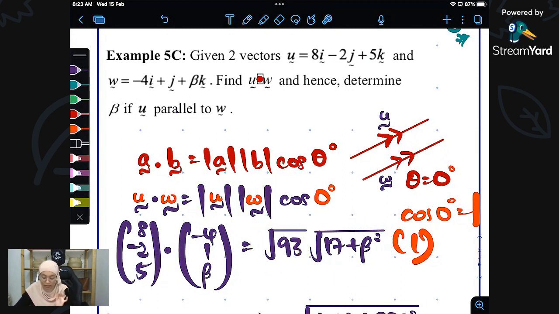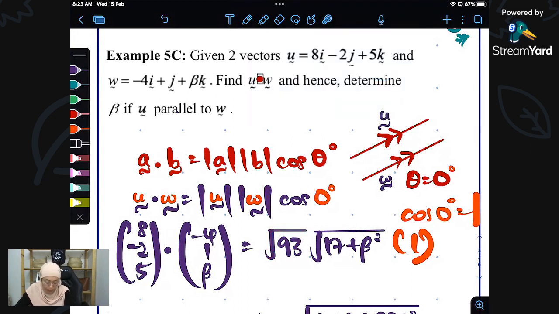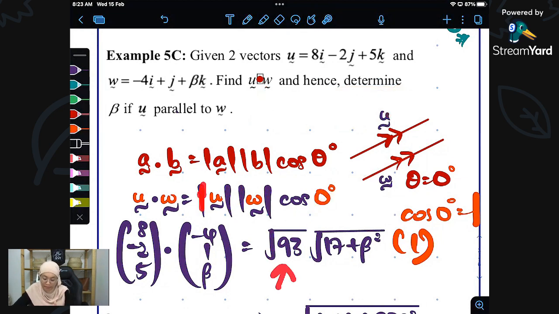It still exists there. So the way I write it down here is the square root of 93, sangat laju macam mana? Kenapa? It is just because I do it very fast. 8 squared tambah negative 2 squared tambah 5 squared, and you will get this square root of 93 because this is the magnitude of the u vector.